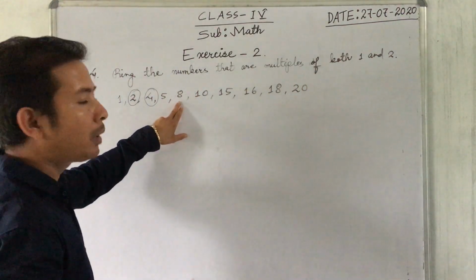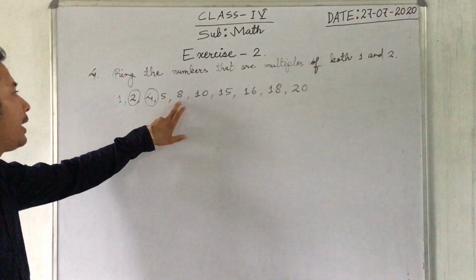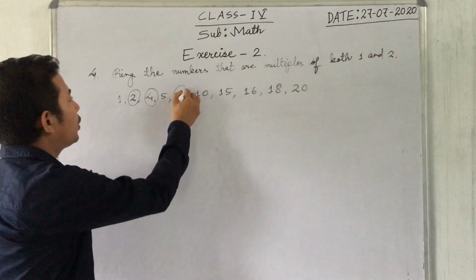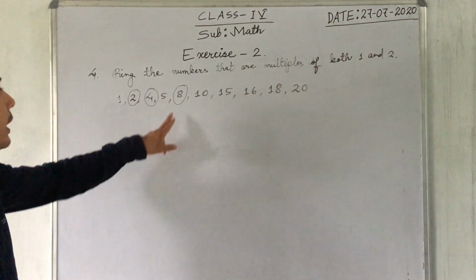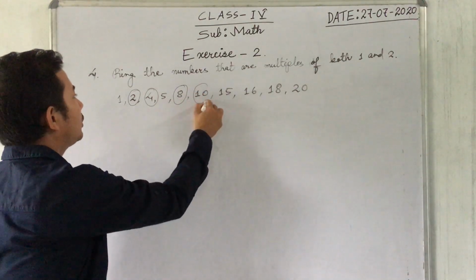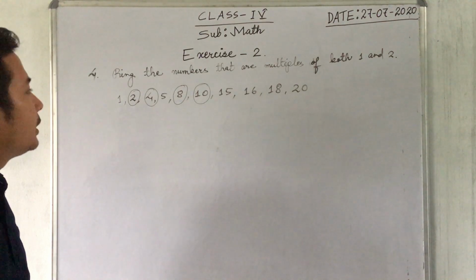8. 8 is a multiple of 1 and 2 both because 8 times 1 is 8 and 4 times 2 is 8. So this is a multiple of both 1 and 2. So we have to ring it. 10 is also a multiple of 1 and 2 both because 10 times 1 is 10 and 5 times 2 is 10.